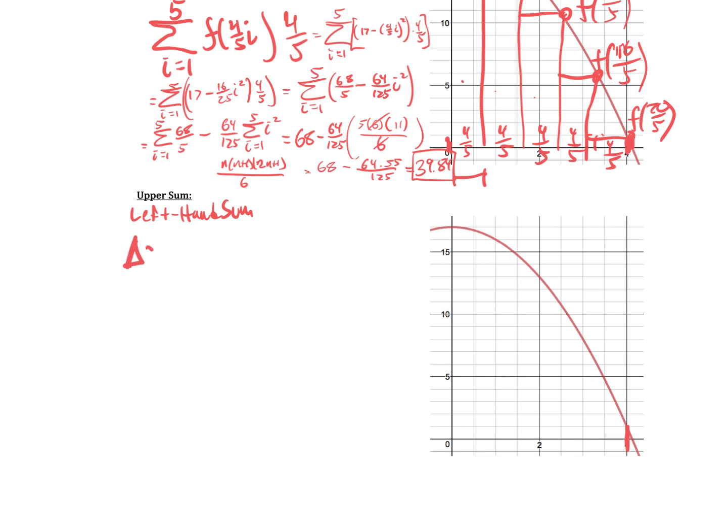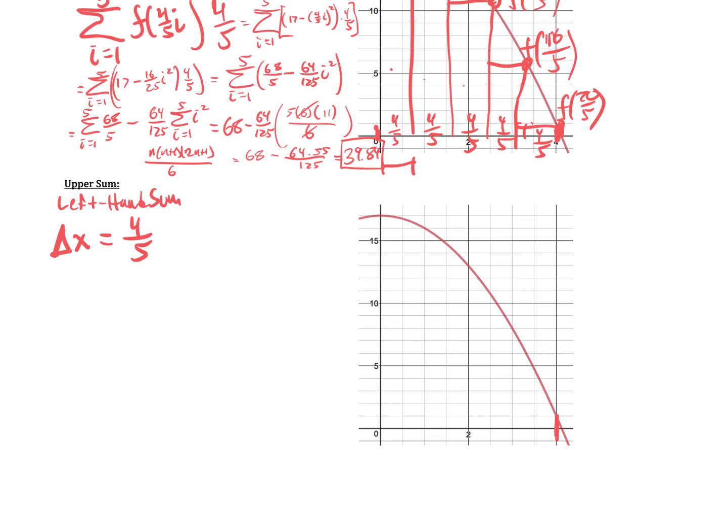So delta x, again, is 4 divided by 5, all right? But if we do the left-hand sum here, it's going to be something like this, split into 5 rectangles, all right? Sorry, this is a left-hand sum. I was drawing the right-hand rectangles again.